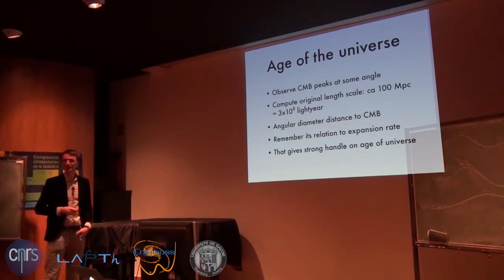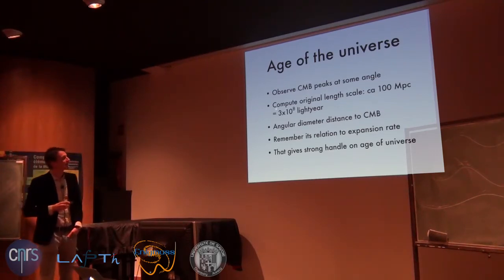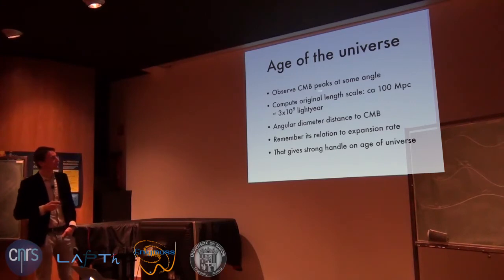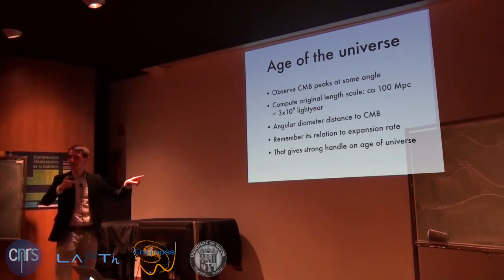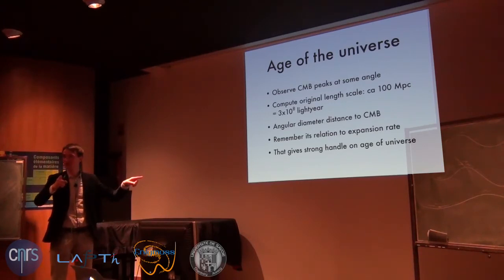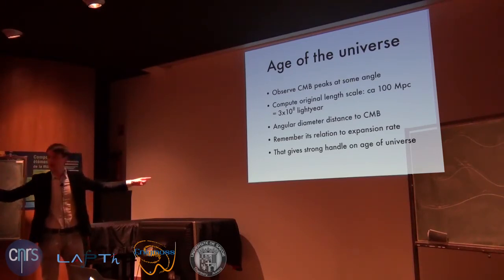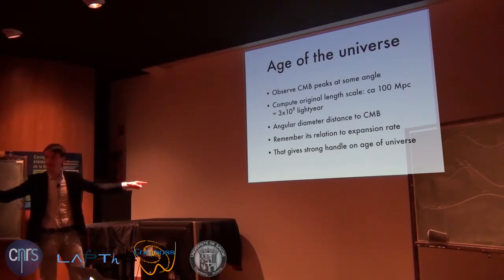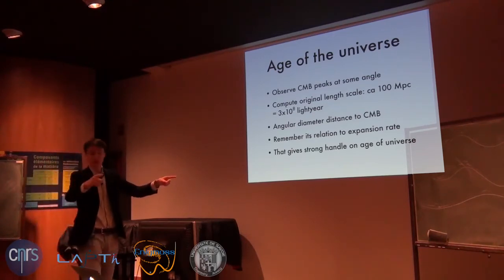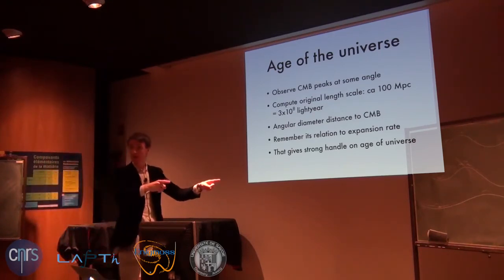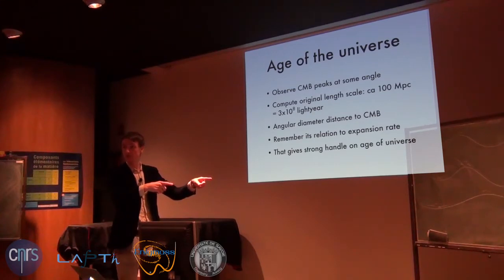So that is the expansion taken into account. The co-moving length scale, so the distance between a hot and a cold spot, that is from the first peak in the cosmic microwave background, that distance today, taking into account the expansion of the universe, is 300 million light years apart. That distance at the time of last scattering, so that's a factor 1,000 smaller universe, is 300,000 light years apart.